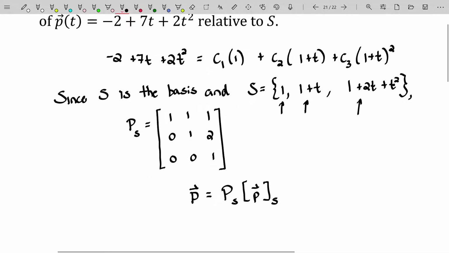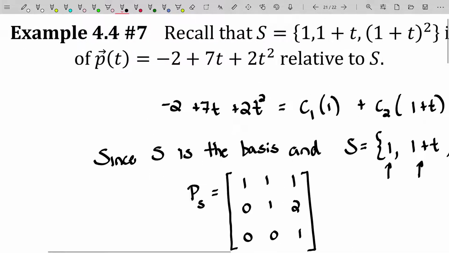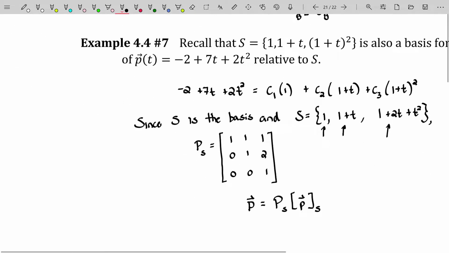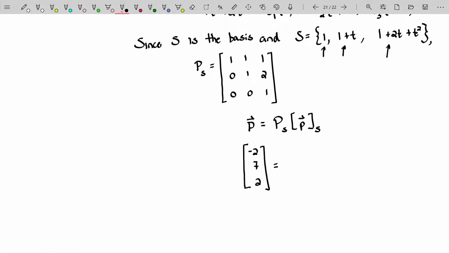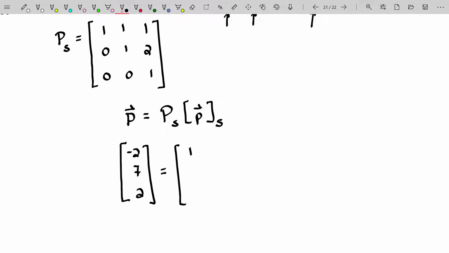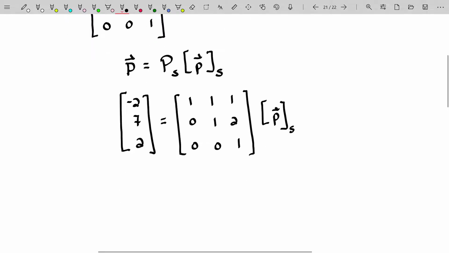So again, they've handed us the vector p in terms of the standard basis of P sub 2. It's just negative 2, 7, 2. We know the change of coordinates matrix is just the matrix of the brand new basis vectors, and we need to find what this vector is right here, and that's just solving a matrix equation.